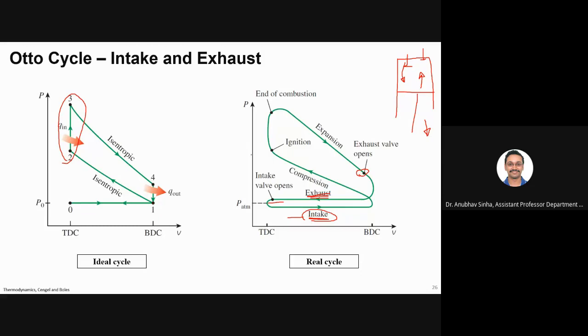So these are some major differences between an ideal and a real cycle. We will do our analysis on these cycles, but you should be clear that there are some differences, and this is basically an approximation. The ideal cycle is an approximation which helps us calculate parameters easily.